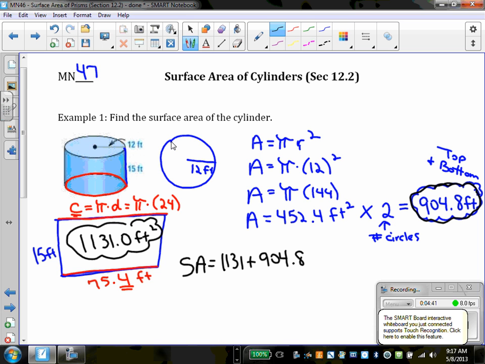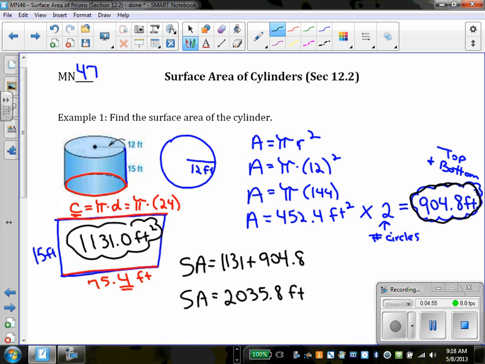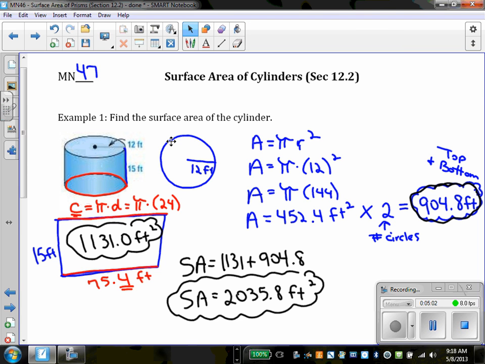And if we add those together, you will have a total surface area of 2,035.8 feet squared. So that, my fine young ladies and gents, is how you find the area of a cylinder, or surface area of a cylinder.